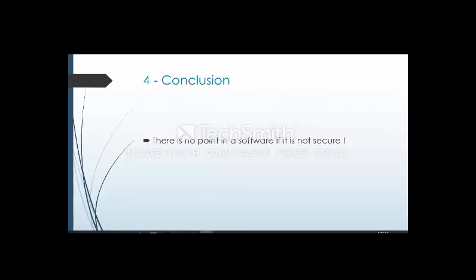There is no point of it. So we conclude that security is very important in software, and it is the most important thing in software, because you have to remember just one line of code could damage your whole system and your whole software.